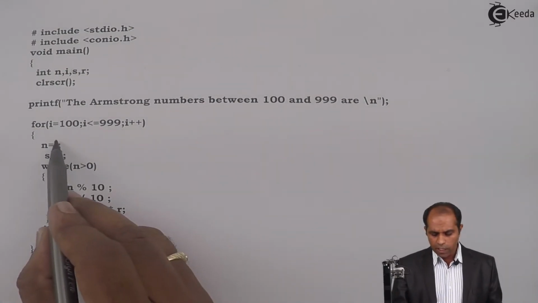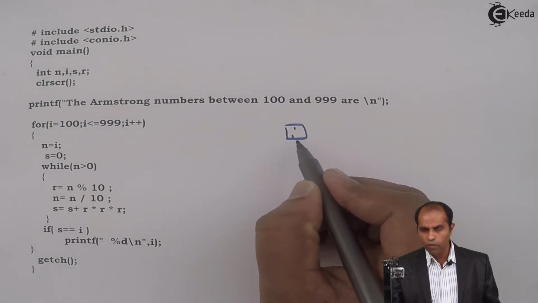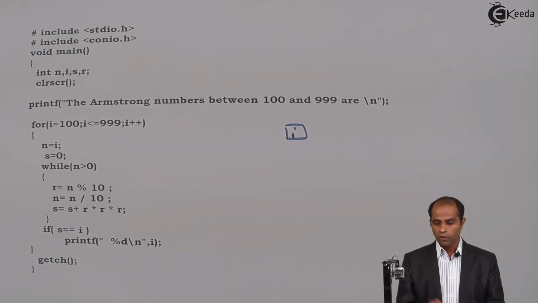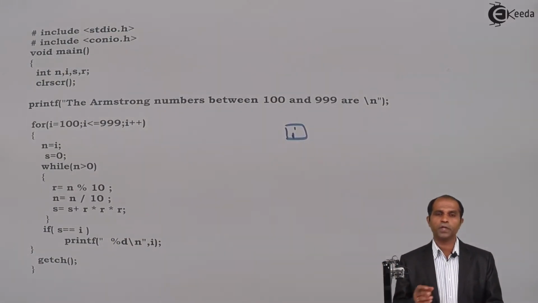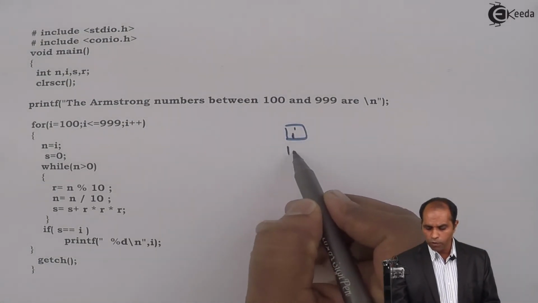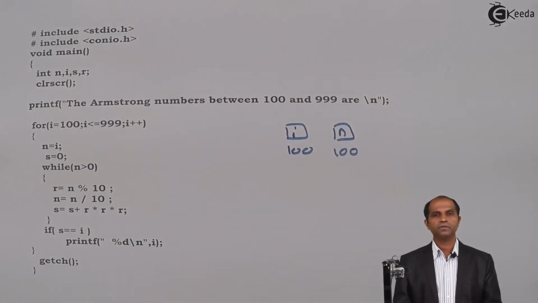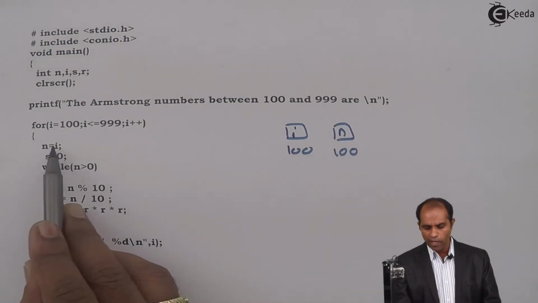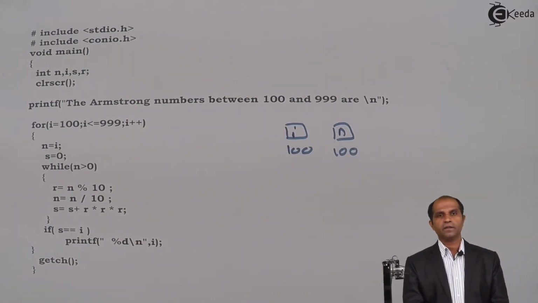What it does is first assign this particular i to n, because the value of i has to be copied to n. If i is disturbed, then probably the loop operations will not be executed properly. For that reason I need to make a copy of i onto n. So let this n be 100. I'll make a copy of i onto n, so that if n is disturbed, i is still intact.